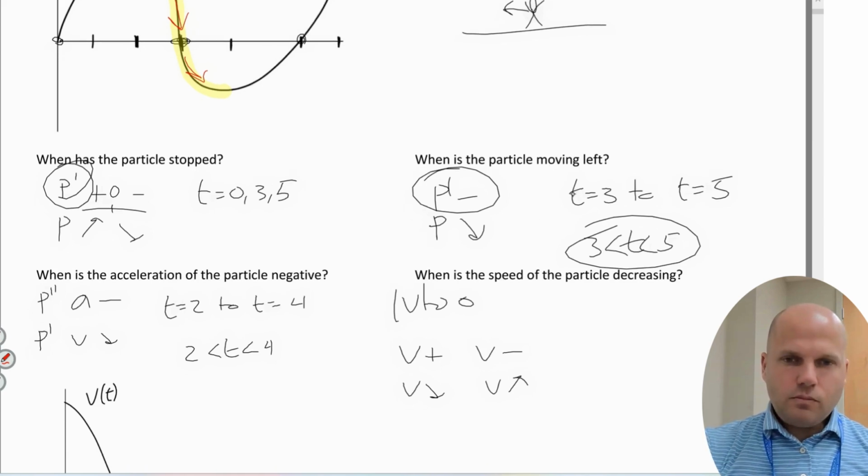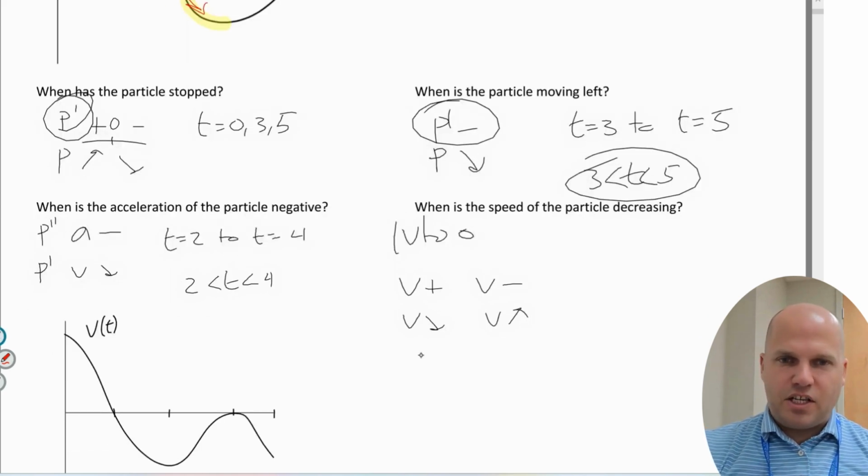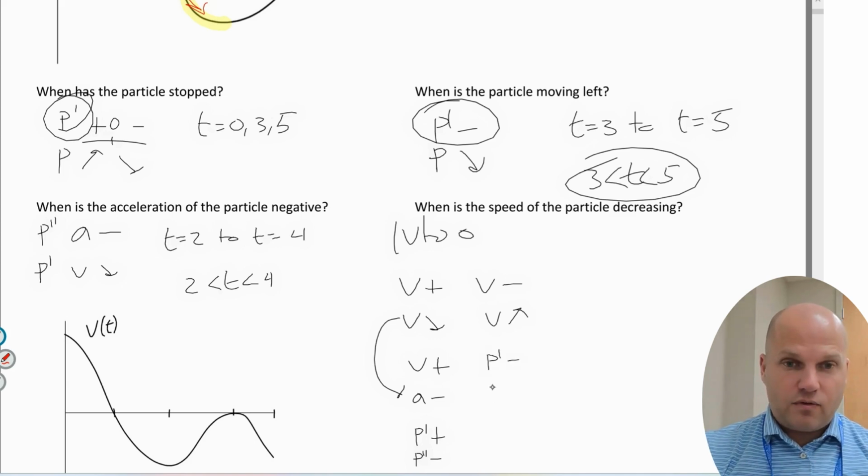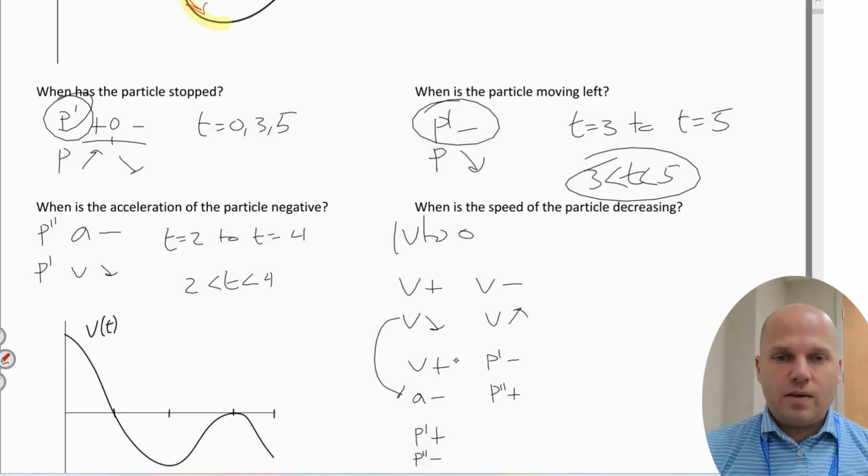So if your velocity is positive and decreasing, your velocity is positive and your acceleration is negative. That's when your first derivative is positive but your second derivative is negative. If your velocity values are negative and increasing, that's when your first derivative is negative but your second derivative is positive. Okay, so what do we see? V and A have opposite signs.